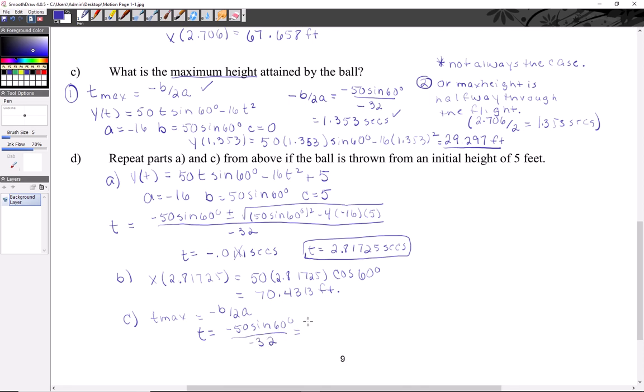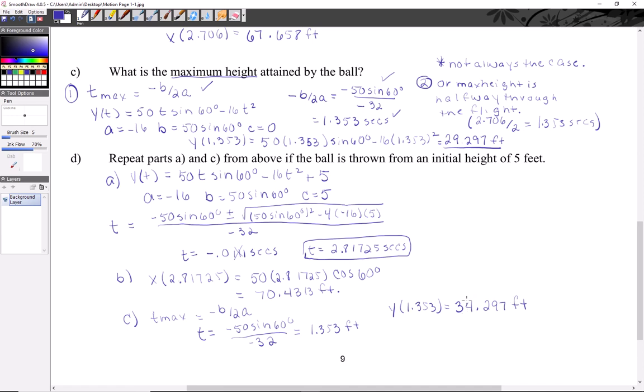And that should look really familiar because I believe we had that up here. So this will be 1.353 seconds. All right, so then you just go ahead and do y at 1.353. You plug that in up here for t, and you have that extra value of 5. And that will give you, I'll just spare you having to write that all out, 34.297 feet.